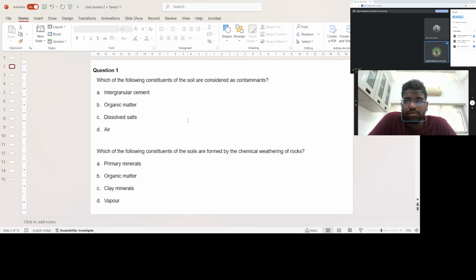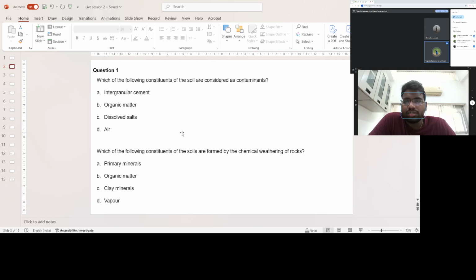It may be calcium carbonate cement, which is formed in loess deposits, making them weakly cemented. There are several cementitious materials which bind the grains of the soil during the formation itself.